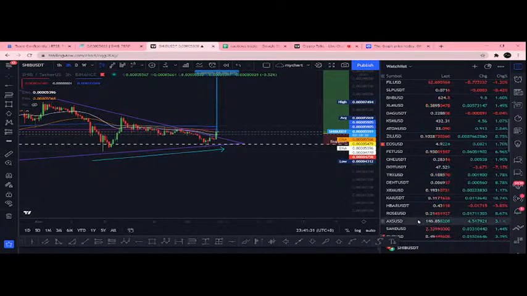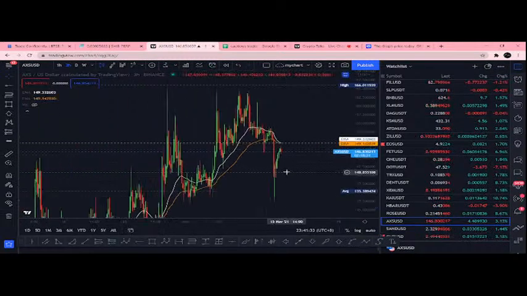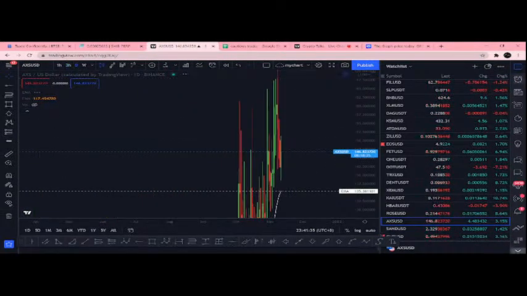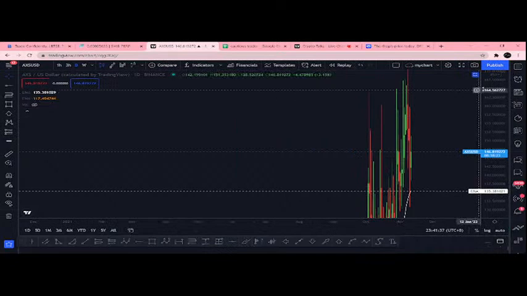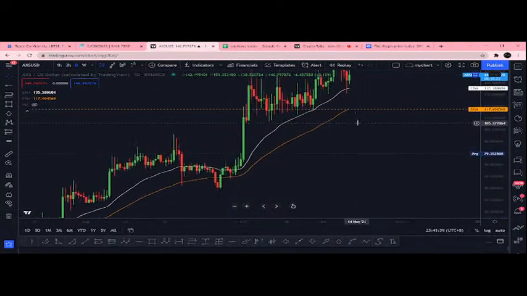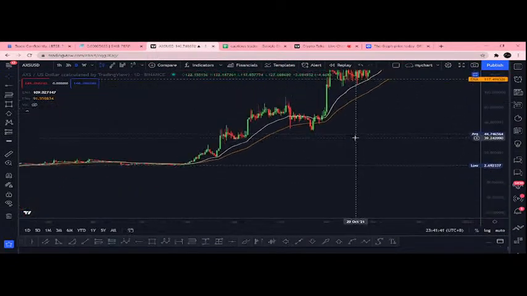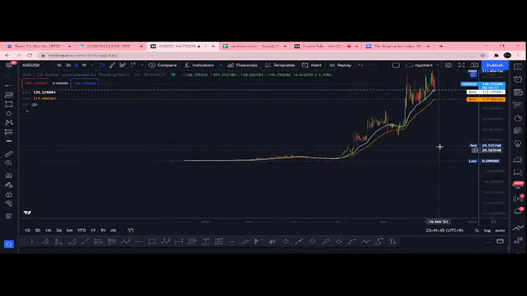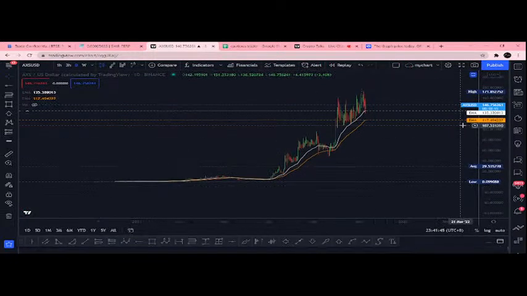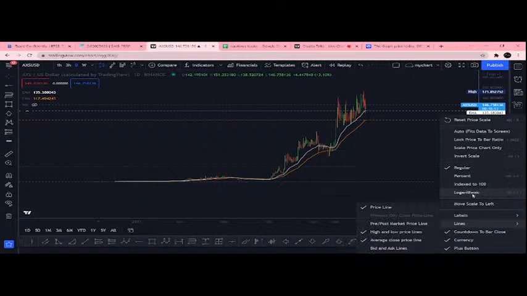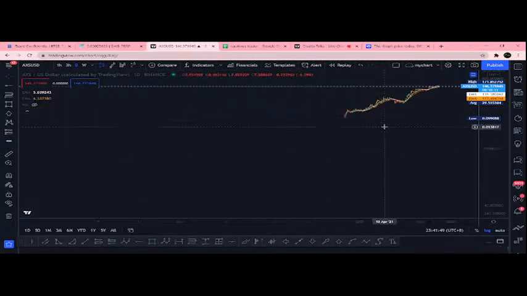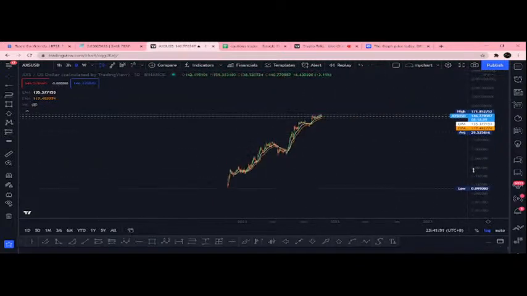Balik tayo sa Axie. So, daily time frame muna. Check natin. Pero kung i-logarithmic chart mo to, actually, it's a long-term uptrend. Kasi depende sa plano nyo eh.